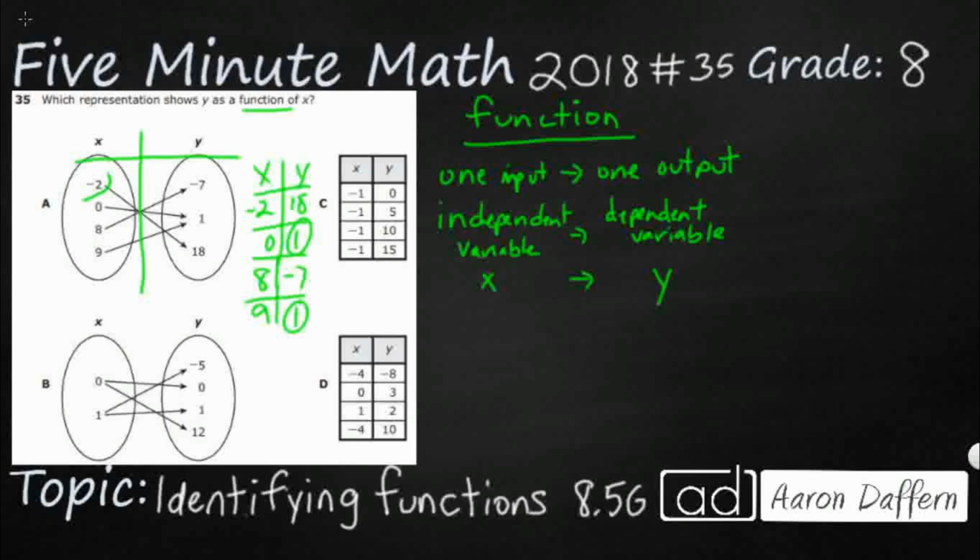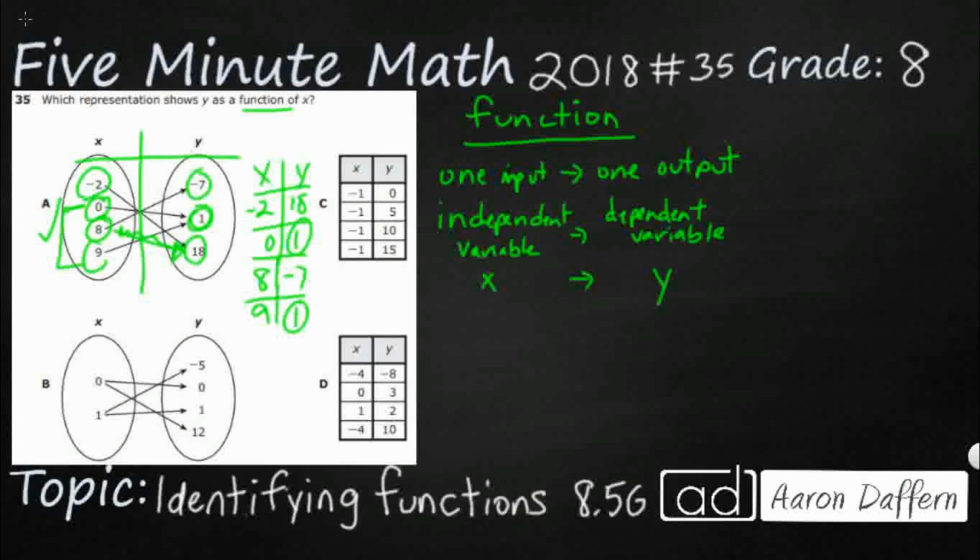Well, -2 goes to 18, so that's good. 0 goes to 1. 8 goes to -7, and 9 goes to 1. Can you have both 0 and 9 go to 1? Yes, you can. What you cannot have is 8 go to -7 and then maybe 8 go to 18, because that would mean one input leads to 2 outputs. So that would make that incorrect, and that's what we're going to see with B. So A is looking good so far.